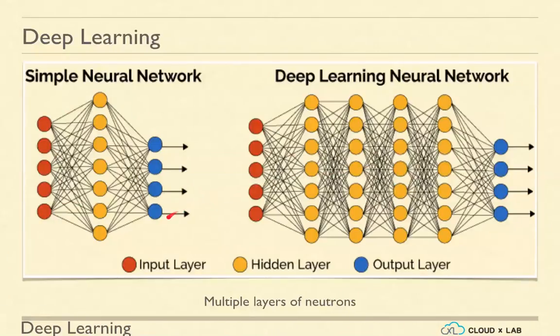The meaning of learning or model is the learning of these knobs, the coefficients, as we call them. So when you have more than one hidden layer, then we call it deep learning. All right.